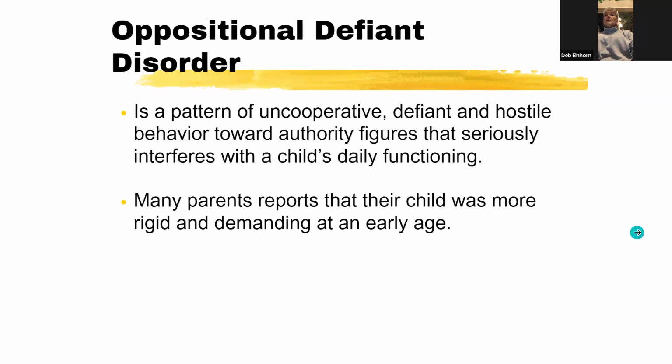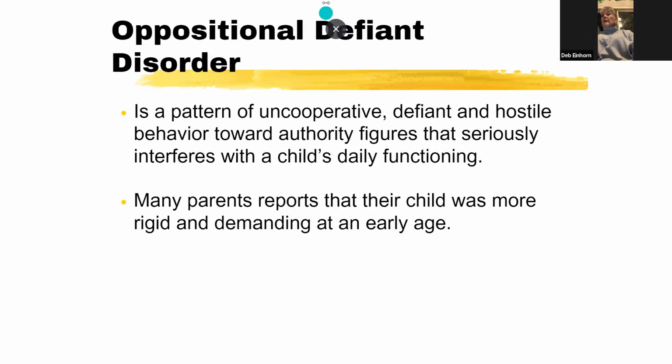Oppositional defiant disorder is another one of the emotional disabilities. It's a pattern of uncooperative, defiant, and hostile behavior towards authority figures that seriously interferes with the child's daily functioning. Many parents who have children with ODD report that their child was more rigid and demanding at an early age.